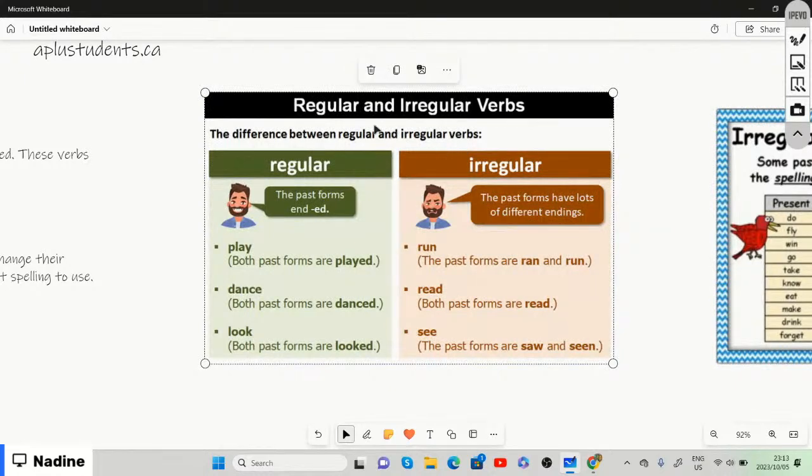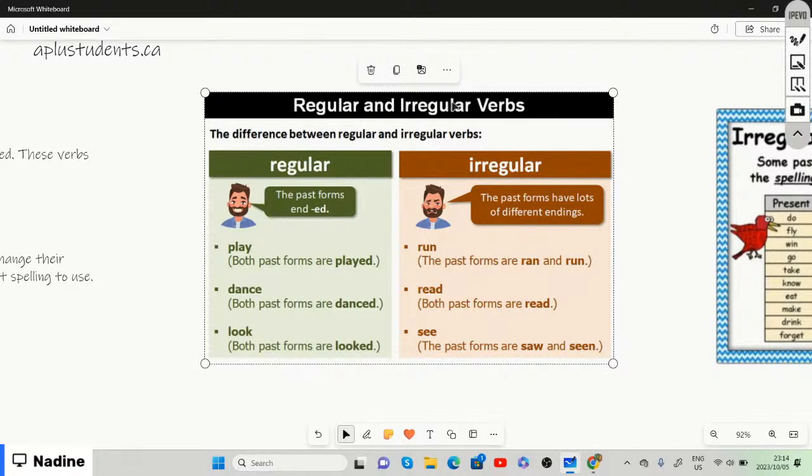All right, so when it comes to regular and irregular verbs, remember we said with irregular verbs, the verb spelling changes, and then we're forming another word. There's no rule like add an ed. The word changes, or the spelling of the verb changes.